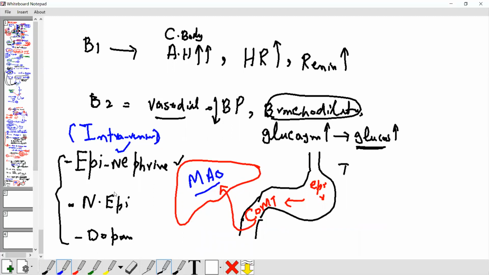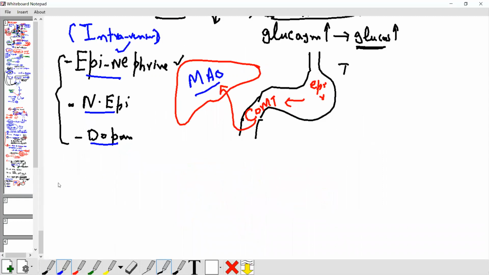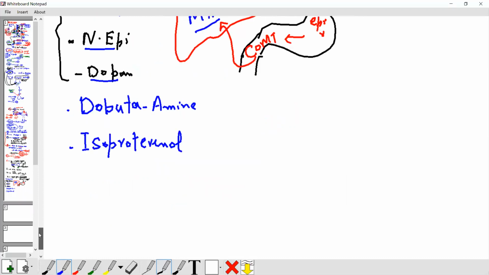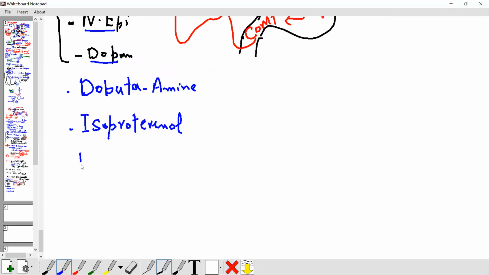Epinephrine, norepinephrine, dopamine, another drug dobutamine, isoproterenol, phenylephrine.